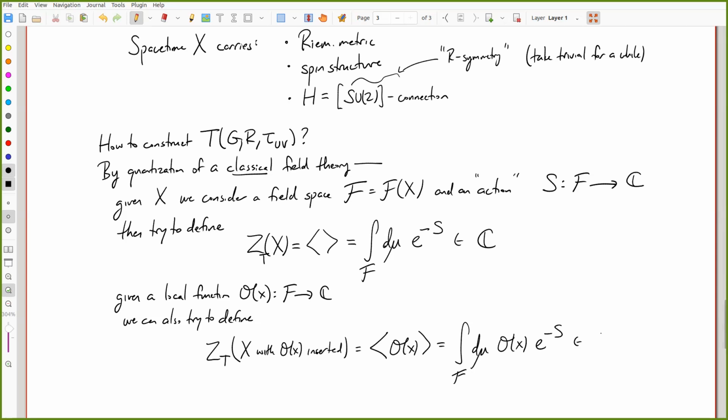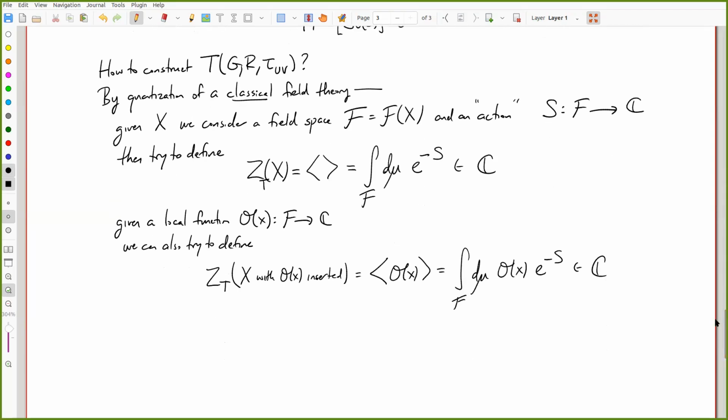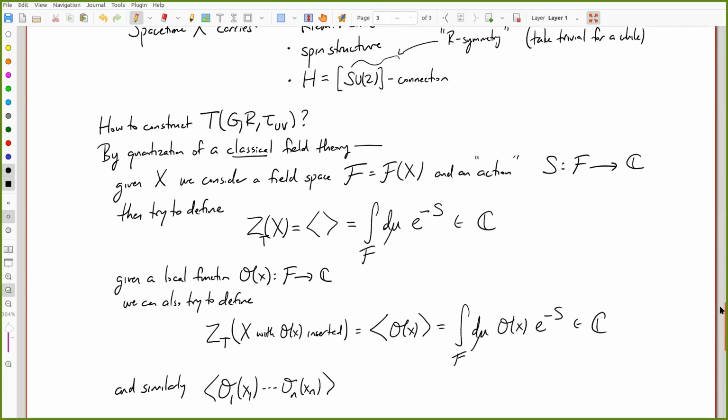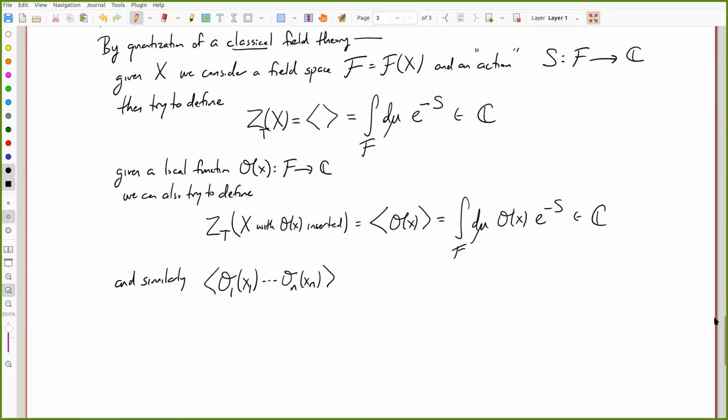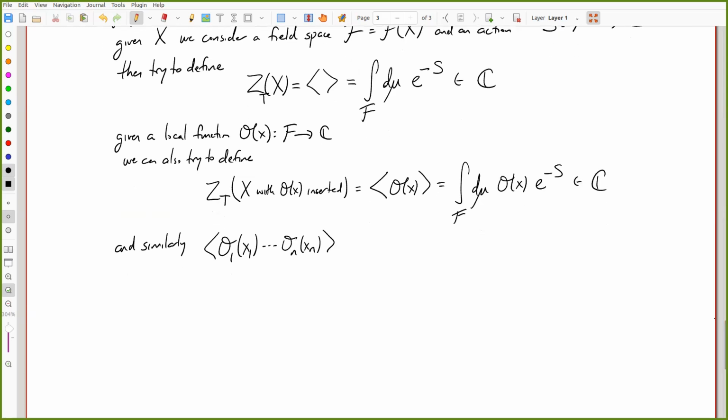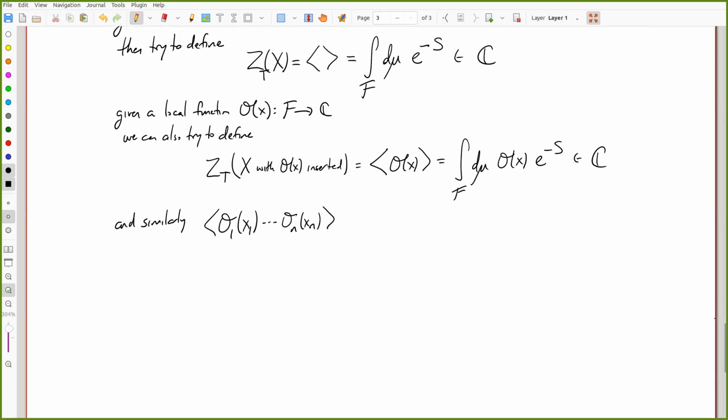So that's again a number, at least formally, if all your integration works out. Similarly, if you have a bunch of these local functions, you could try to define the correlator of O1 of x1 up through On of xn. Okay, at least as a formal exercise, I hope it's clear what kind of thing one tries to do.